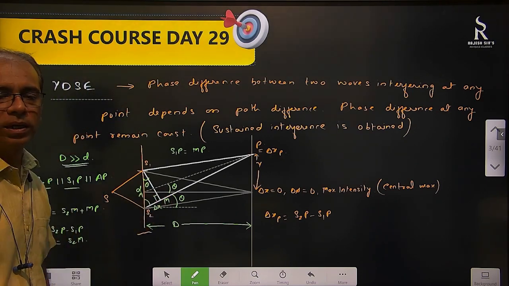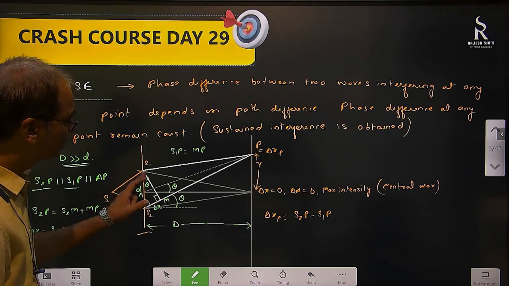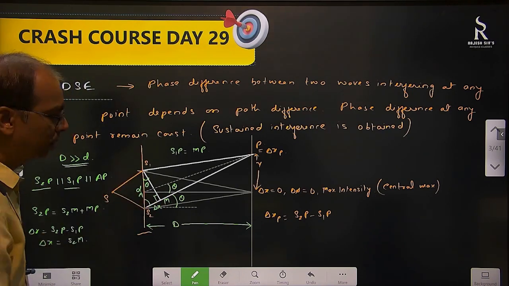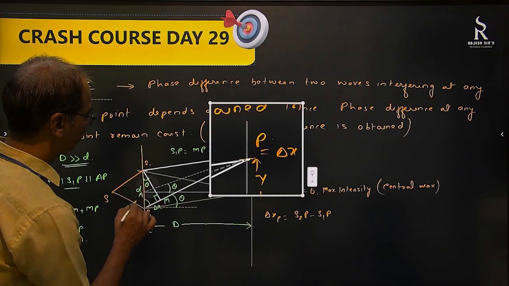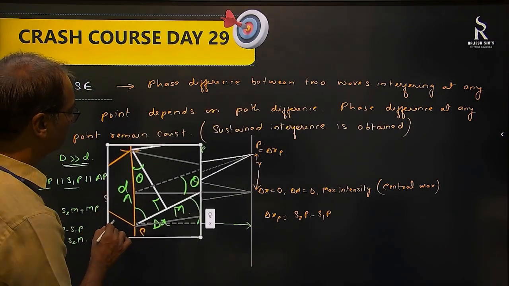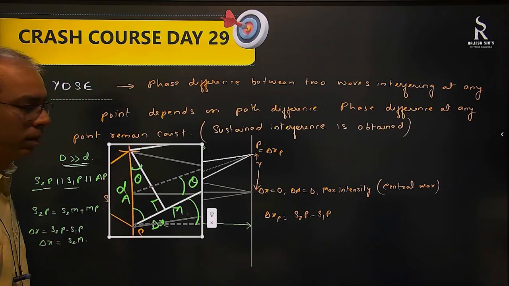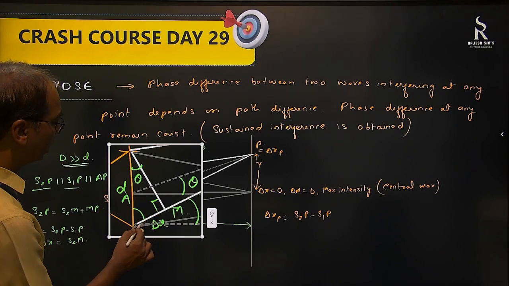So from here I can calculate delta x very easily, from this triangle. Here theta, this is delta x and this is d.